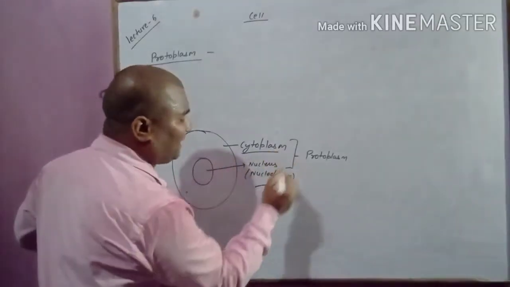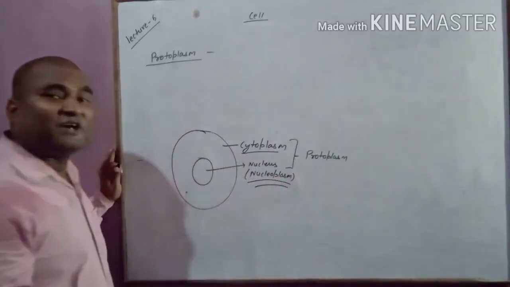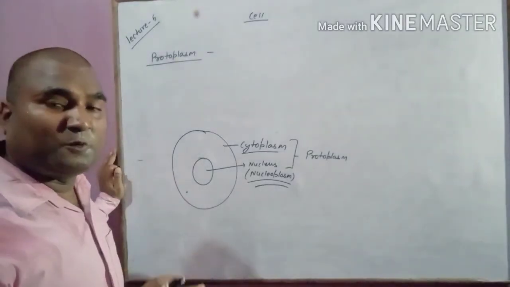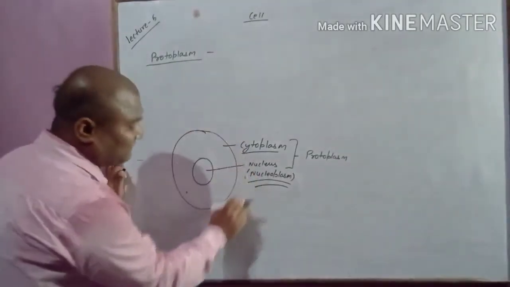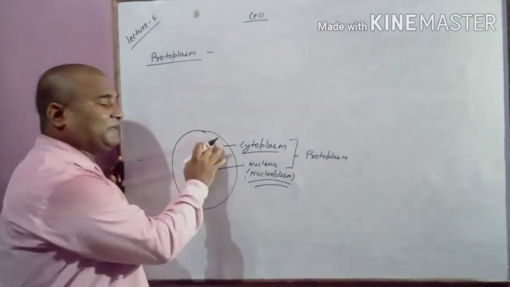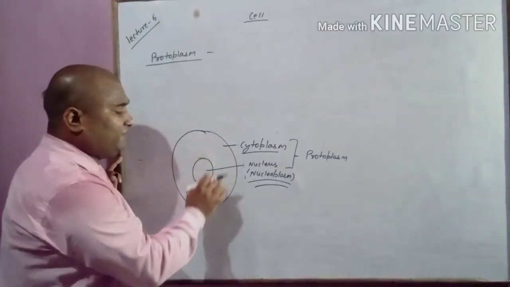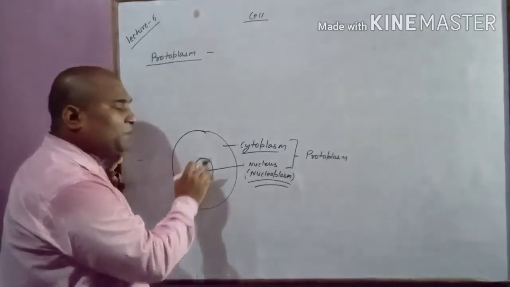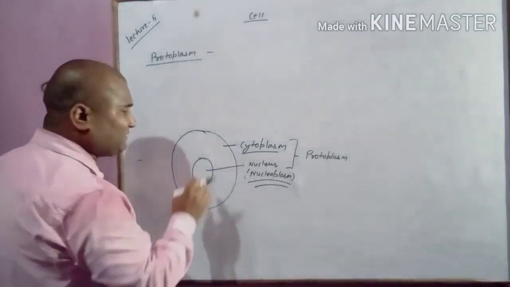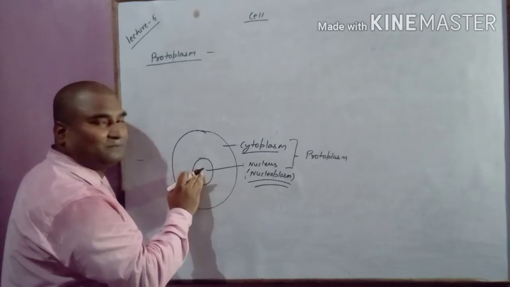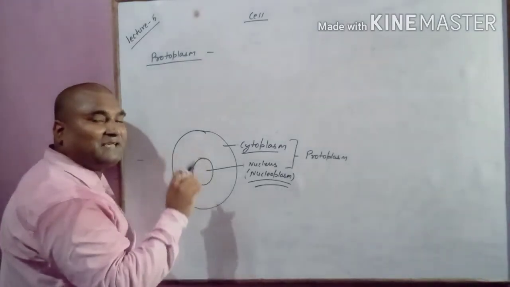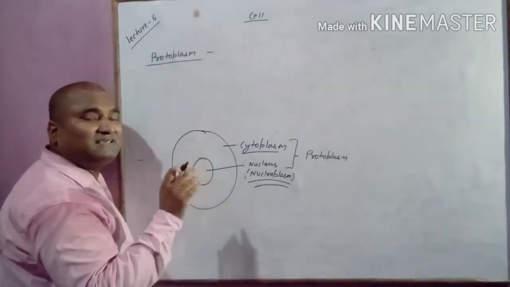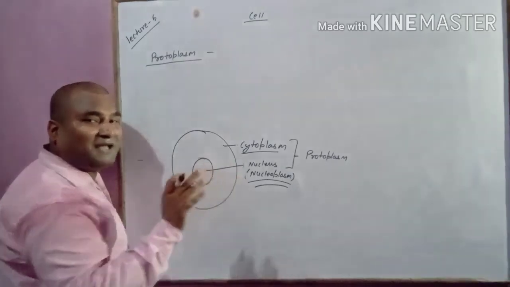So cytoplasm and nucleoplasm are together called protoplasm. Inside a cell there is cytoplasm, and a membrane separating the nucleoplasm from the cytoplasm. So we can say cytoplasm and nucleus together are called protoplasm.